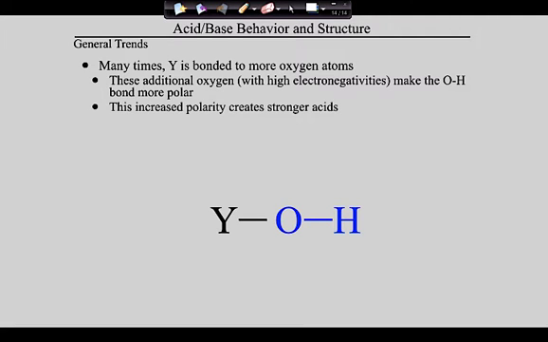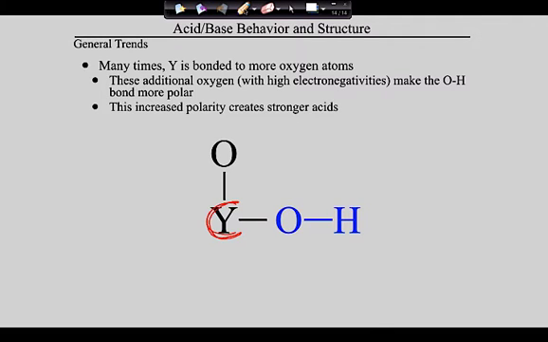So let me go back and then go here. What if this is a carbon? Guys, if Y is a carbon atom, will this be an alcohol, an acid, or a base? An alcohol. But check this out. Now it's an acid, and it's not because of the carbon.